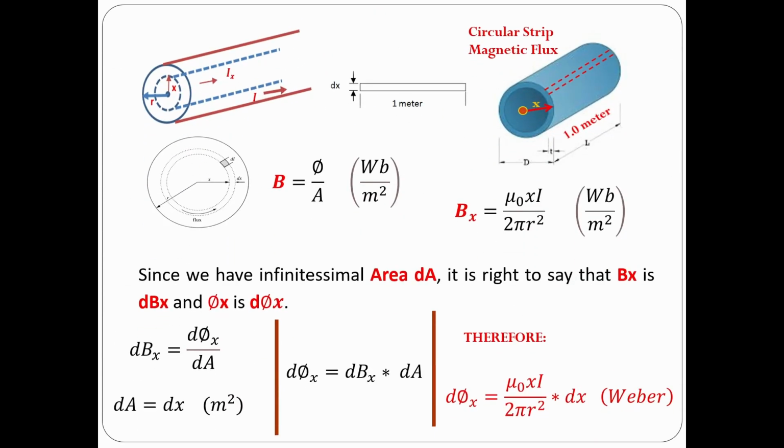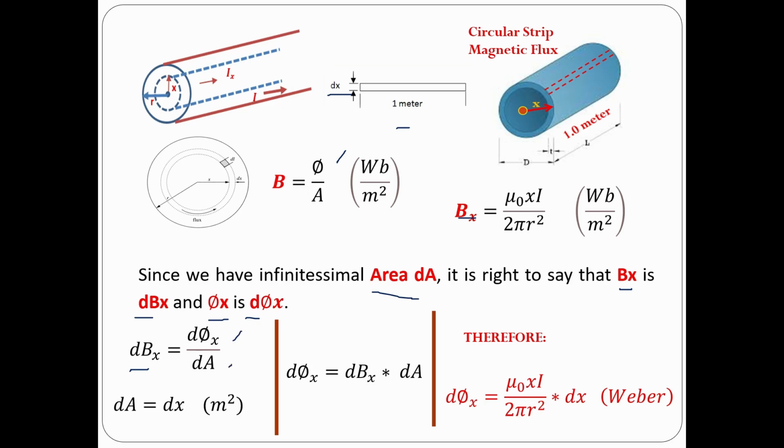We have the infinitesimal area dA, which is dx times 1 meter. It is also in this area that Bx was determined, and it is also the area where we determine the magnetic flux. Since it is a very small area, it is right to say that Bx is dBx and flux x is d flux x. Therefore, the formula becomes dBx is equal to d flux x over dA.